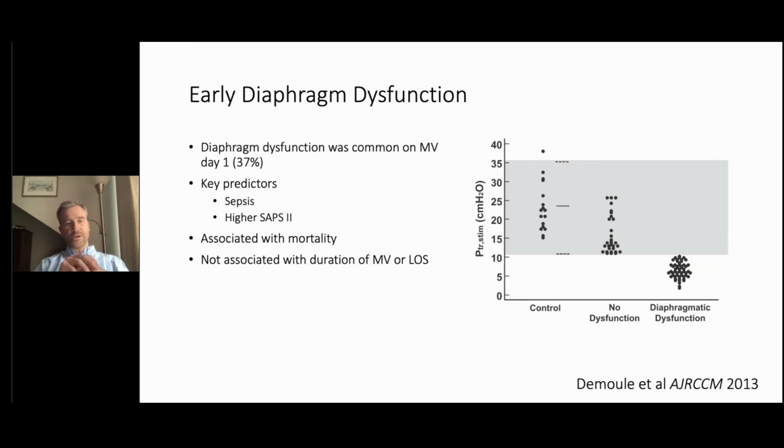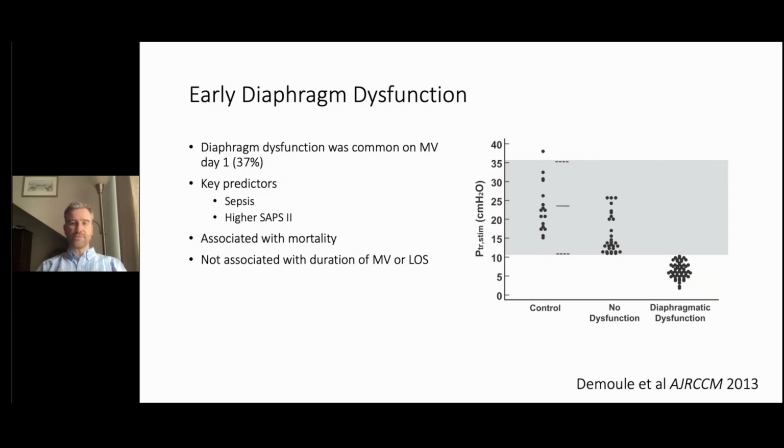Alex DeMoule and colleagues looked at the incidence of diaphragm dysfunction within 24 hours of intubation. They did so using the magnetic twitch stimulation technique, which is very useful because it avoids the need for any patient inspiratory effort. You basically have a standardized twitch stimulus to the muscle, and you can assess the muscle's force-generating capacity with the pressure on the airway that I indicated.